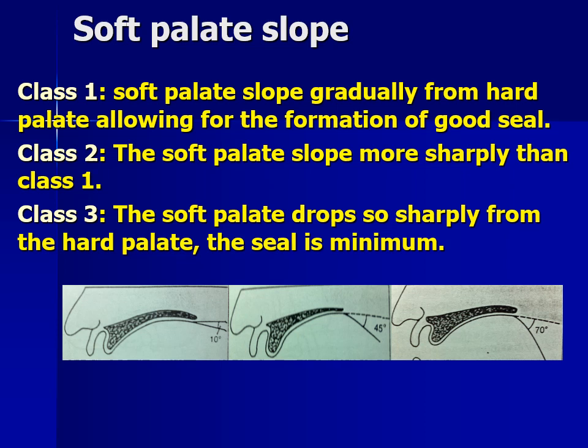Class 1 soft palate gradually slopes from the hard palate and forms a 10-degree angle, and this is favorable for the formation of a good peripheral posterior palatal seal, while the Class 2 soft palate drops more sharply than Class 1 to form an angle of 45 degrees, and the least favorable is Class 3, in which the soft palate drops so sharply from the hard palate, and the angle will be approximately 70 degrees, and will offer the minimum seal for your denture.